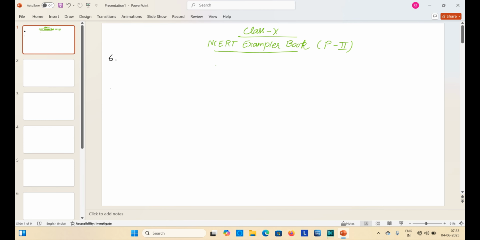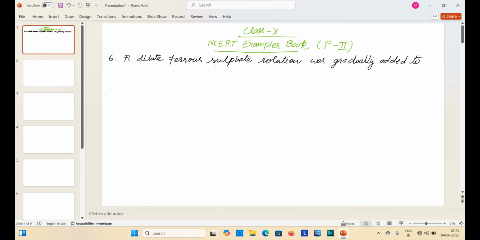The sixth problem says that a dilute ferrous sulfate solution was gradually added to the beaker containing acidified permanganate solution.